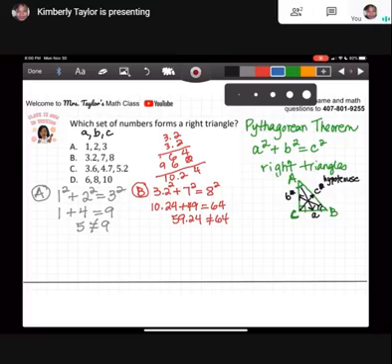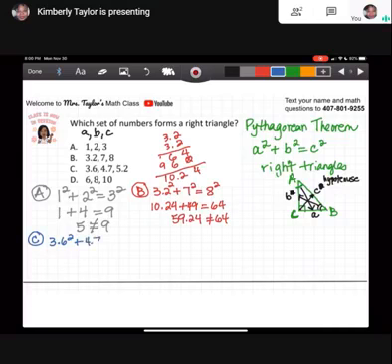Let's work on answer choice C. We have 3.6 squared plus 4.7 squared equals 5.2 squared. Well, I'm not going to work them out by hand. Let's see. I think I wrote this down somewhere.